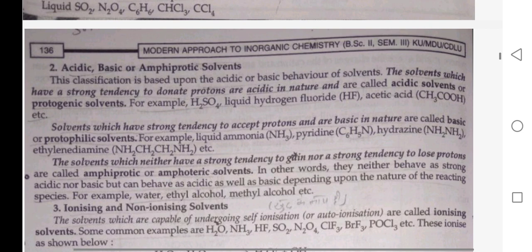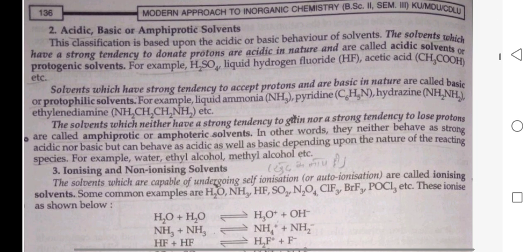Second, acidic, basic or amphiprotic solvents. This classification is based upon the acidic or basic behavior of the solvent. The solvents which have a strong tendency to donate protons are acidic in nature and are called acidic solvents or protogenic solvents.